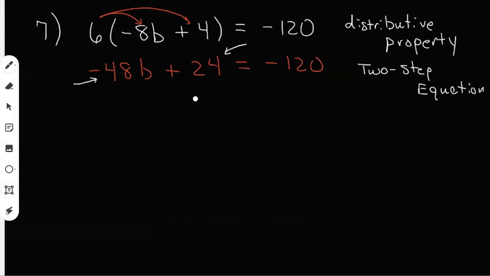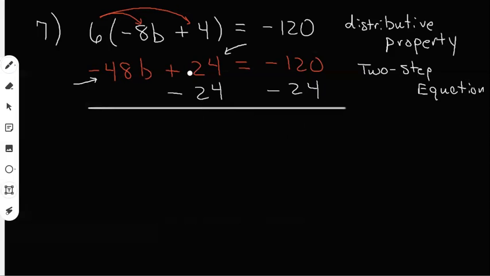So to get rid of a positive 24, I'm going to subtract 24 from both sides. When that happens, they're going to cancel out on the left side, and I'm only left with a negative 48b.